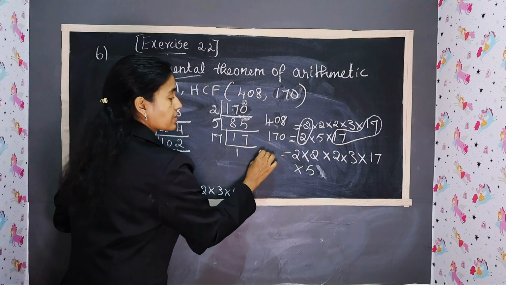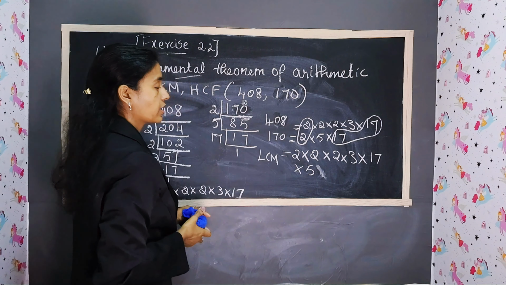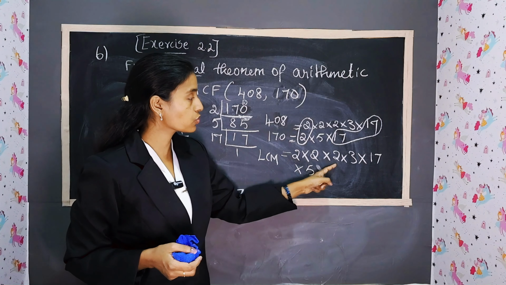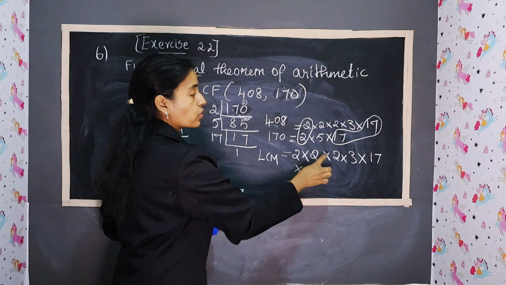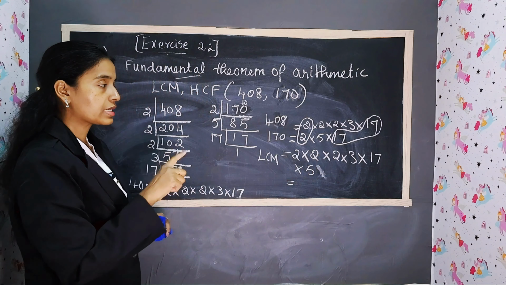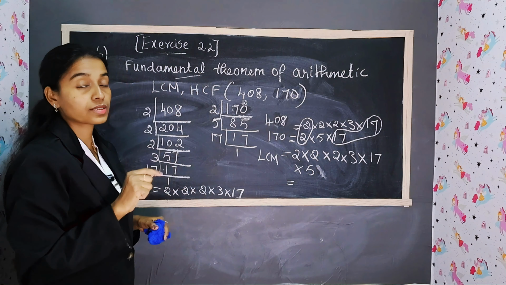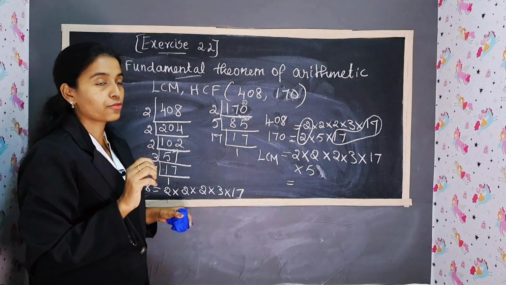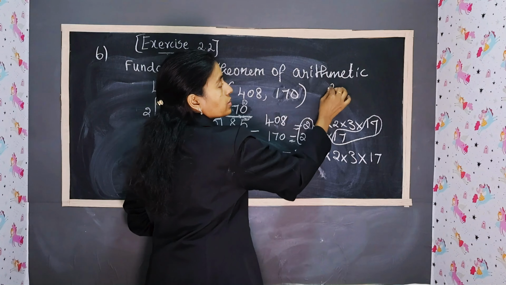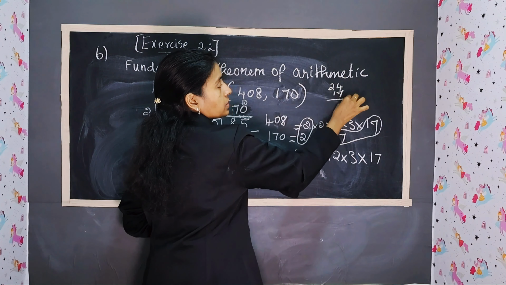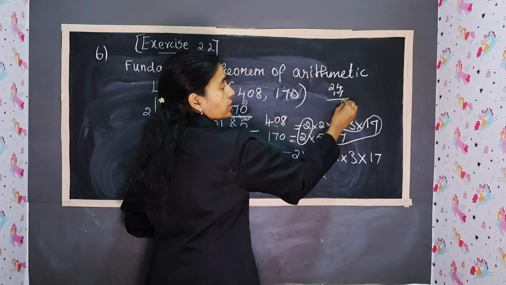This is LCM. Okay, 2 into 2 into 2 into 3 into 17 into 5. How much? 2 into 2, 4. 4 into 2, 8. 8 into 3, 24. 24 into 17. You need to check. 24 into 17. 7 into 4, 28.